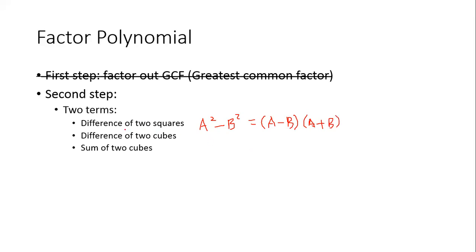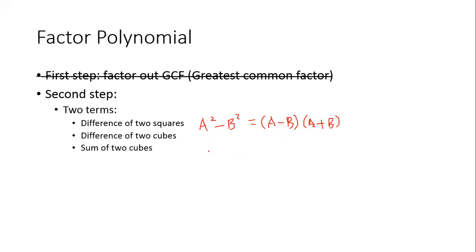So when you have 2 terms, both are perfect squares, and there is a subtraction between them. Remember, it's not an addition, it's a subtraction between the 2 perfect squares. So you can always factor it into a subtraction times an addition. It doesn't matter whether the subtraction or the addition goes first.